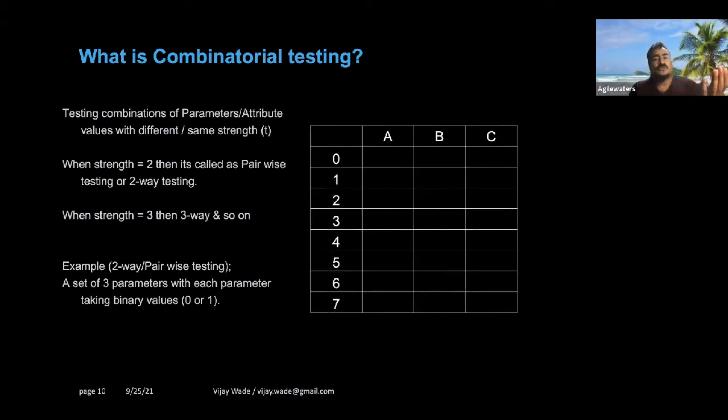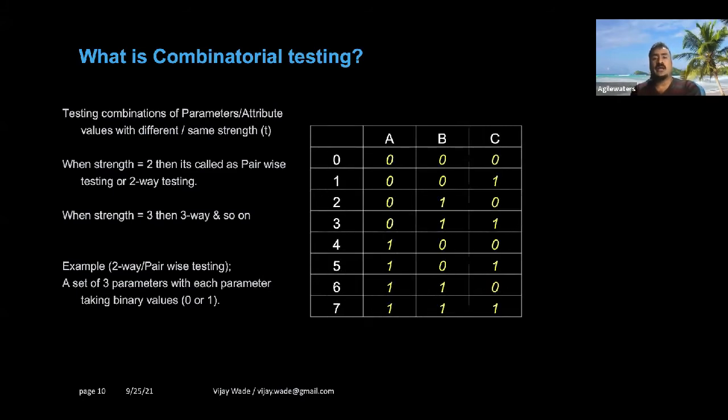So for an example, I'm giving you here A, B, C. These are binary values. If I say 0, 1, 2, 3, 4, these are values you can convert to binary, right? So 0 is equal to 0, 0, 0, 3 bits. 1 is equal to 0, 0, 1. 2 is 0, 1, 0, because the binary system has 2 as a value.